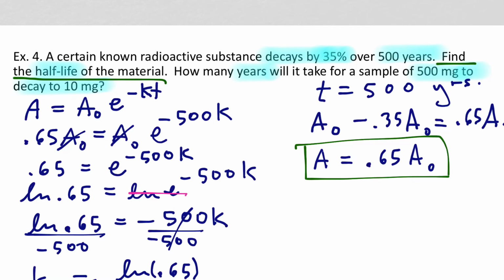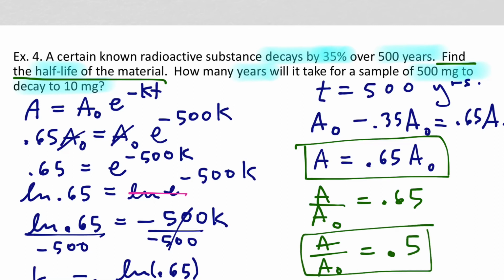But we want to know how long it takes to end up with 0.5 of the material. For the first part of our problem, A divided by A0 is 0.65. For half-life, A divided by A0 is always going to be 0.5.